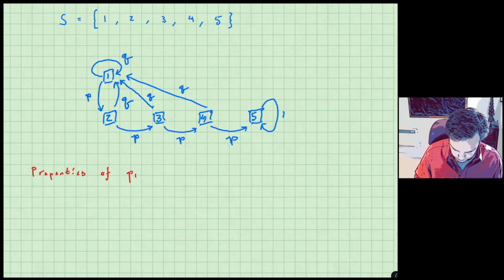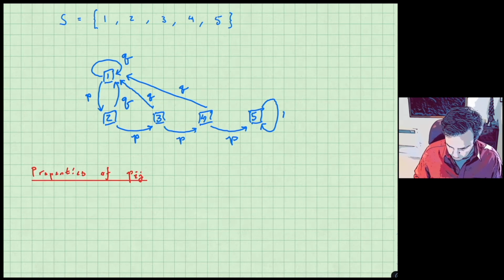And these are the one-step transition probability matrices. And I should have said at the end of the last lecture, I think, we will only look at homogeneous ones.